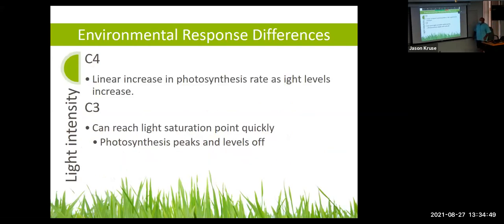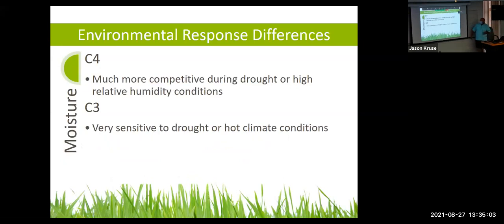C4 grasses have a linear increase in photosynthesis as light levels increase. C3 grasses can reach a saturation point in their photosynthetic process where photosynthesis peaks and falls off. And I'll show you that in graphical form here in a little bit.